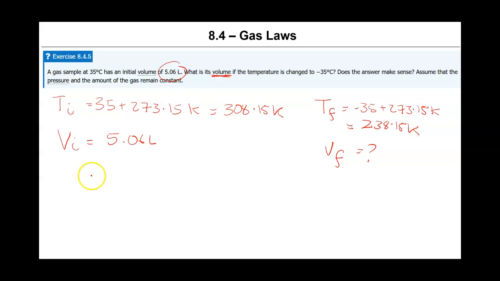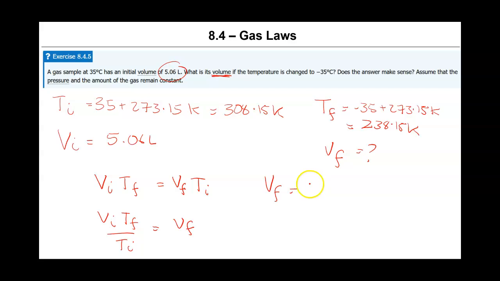All right, so V initial T final is equal to V final T initial. So V initial T final over T initial is equal to V final. Let's put that into the calculator. V initial is 5.06 liters, T final is 238.15 Kelvin, and T initial was 308.15 Kelvin.